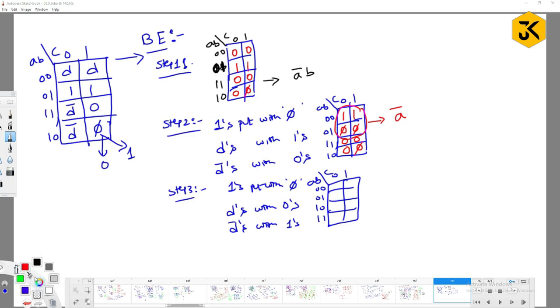Now try to fill the gap. In place of ones, you have to place don't care. In place of D's, you have to place zeros. In place of D bars, you have to place ones. So 1 1. In place of don't care, you place don't care, right? Now what is the relative expression you are going to get?